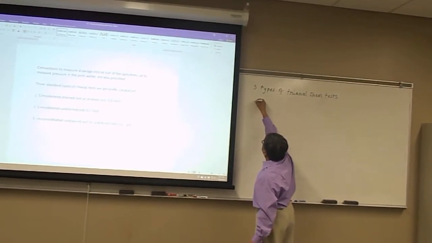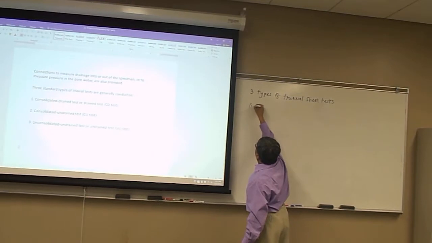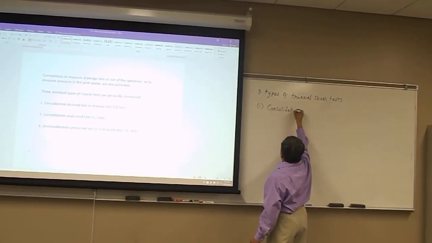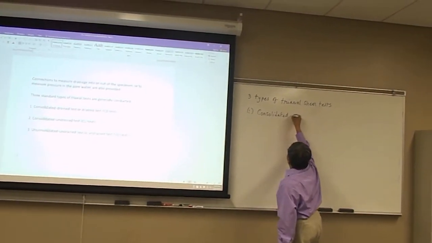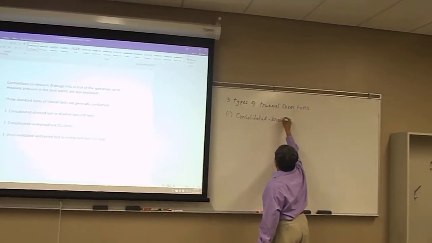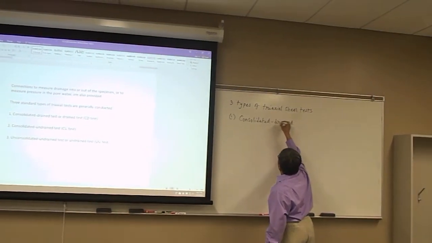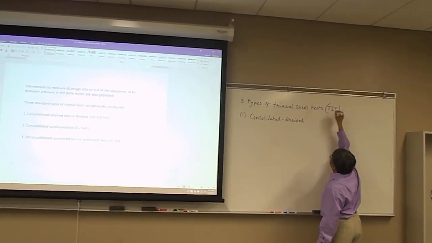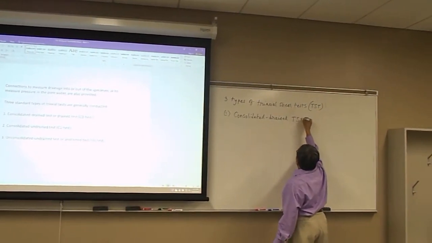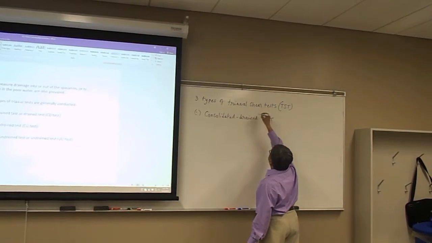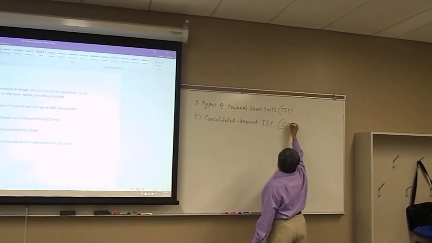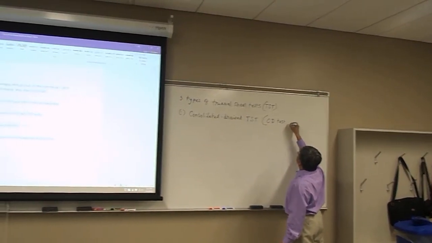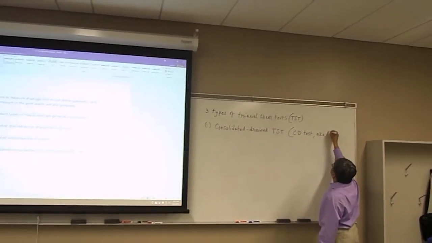Number 1 is consolidated drained TST, triaxial shear test, let us say TST, known as CD test, also known as a slow test.